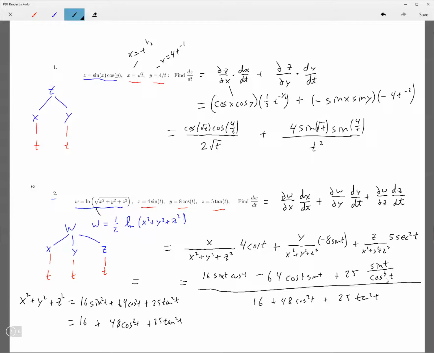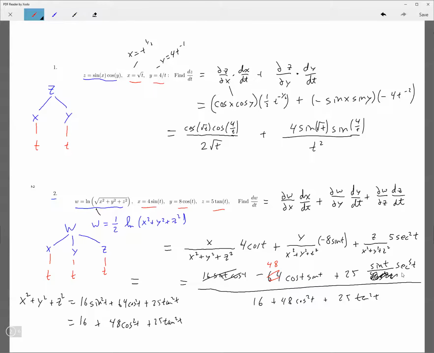That's weird. Maybe we could just rewrite that as secant cubed instead. So all that combines to give you negative 48 cosine t sine t plus 25 times that.